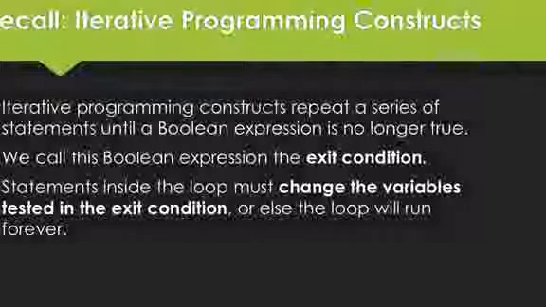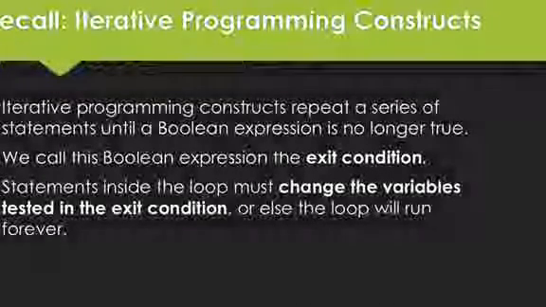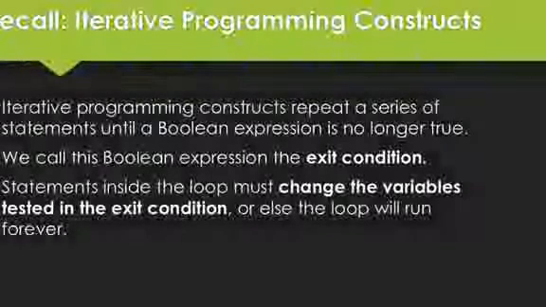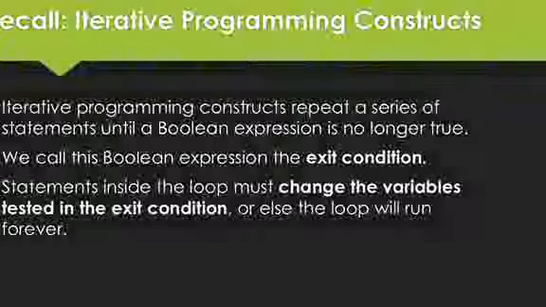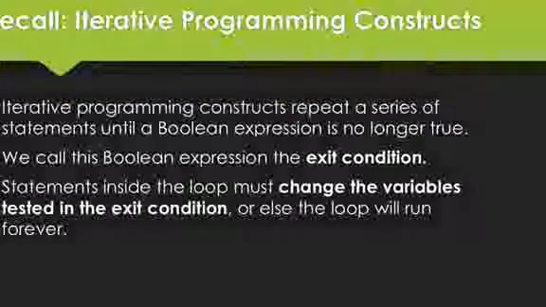In order for a loop to be successful, the variables in an exit condition must change so that eventually that exit condition will be false. If this does not happen, the loop will run forever and we'll have an infinite loop, which is usually a bad thing. What you'll learn today is that the exit condition no longer has to be placed at the beginning of the loop as in the for loop.